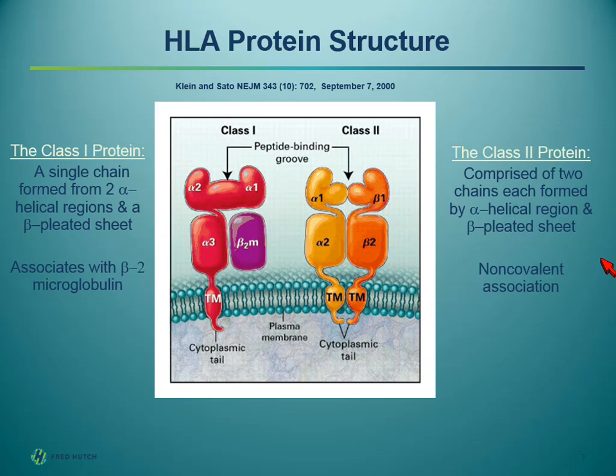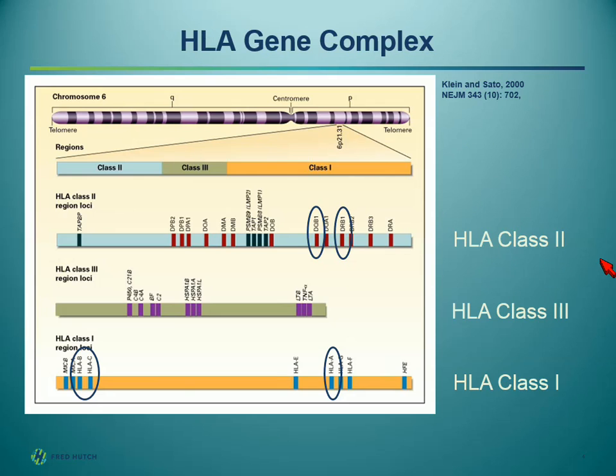Class 1 and class 2 are structured a little bit differently, and because of that, they can do things a bit differently. That's a whole lecture in and of itself, and frankly, beyond my day-to-day working knowledge. So just know that they're different, and know that they're structured differently. Because of that, when we type, we're looking at different genes that create those proteins.